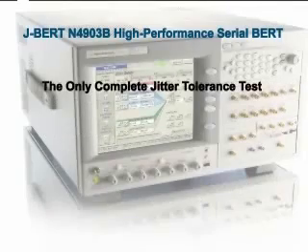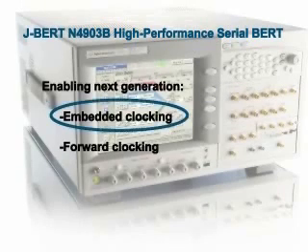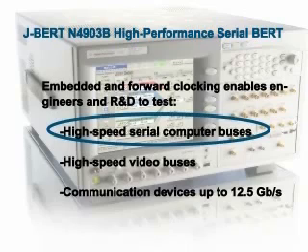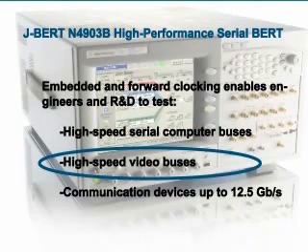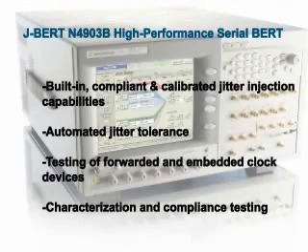And now I would like to summarize the key benefits of the J-BERT N4903B. It's the only complete jitter tolerance test solution which enables the next generation of embedded and forwarded clock devices. This tool allows R&D engineers to test high-speed serial computer, video, and communication devices up to 12.5 gigabit.